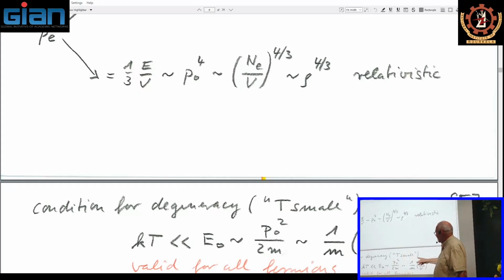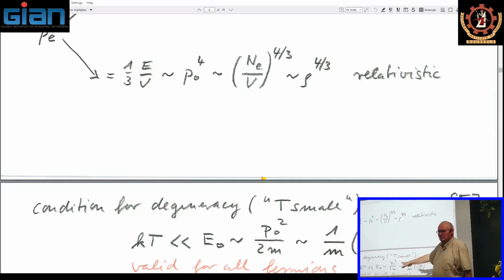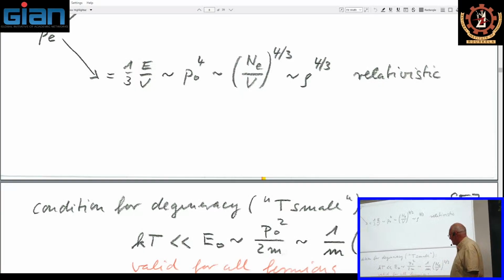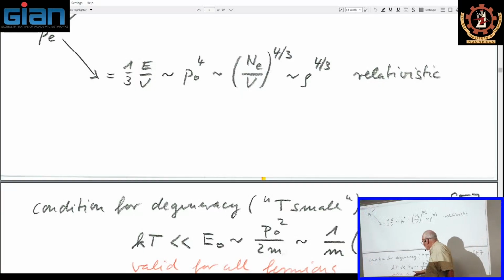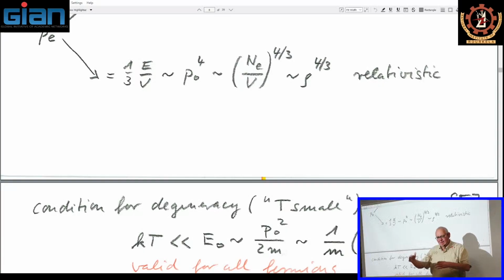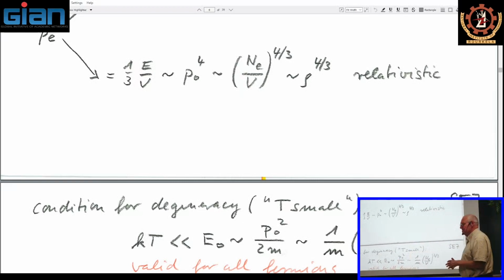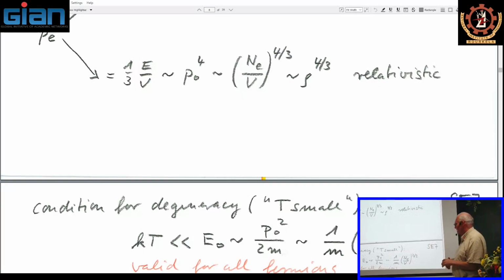Then we say the condition of degeneracy is satisfied. So in order to see the effect of degeneracy, the maximum energy in the degenerate case has to be much bigger than the thermal energy. This is the condition for degeneracy.